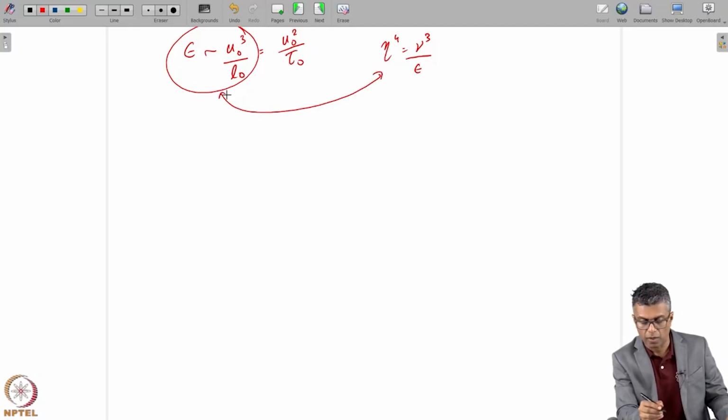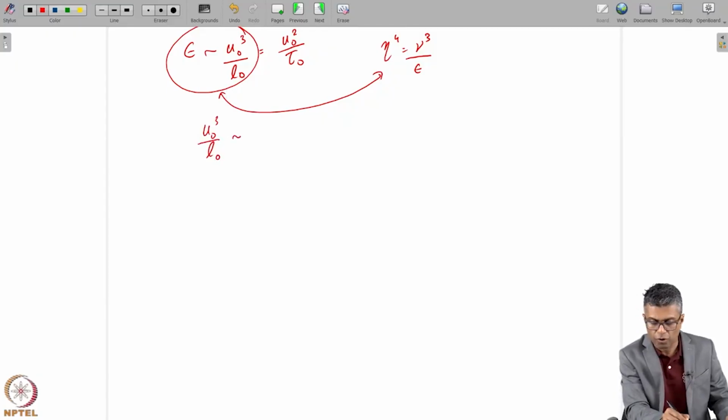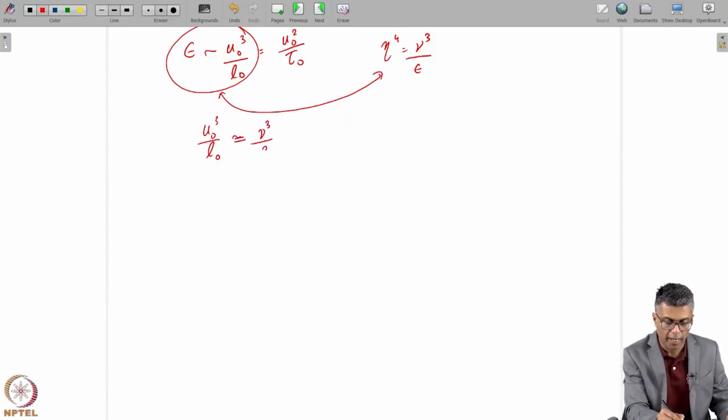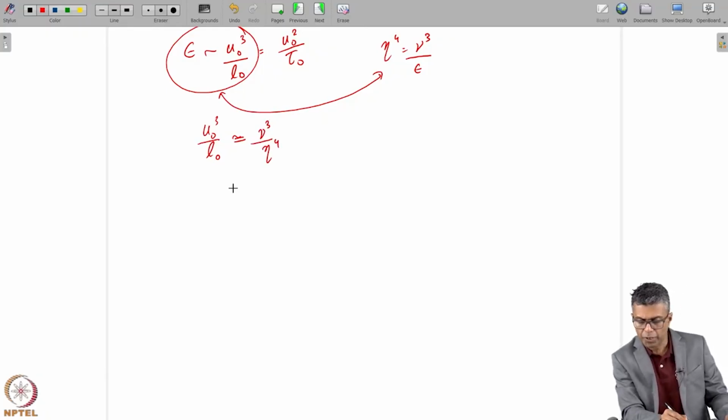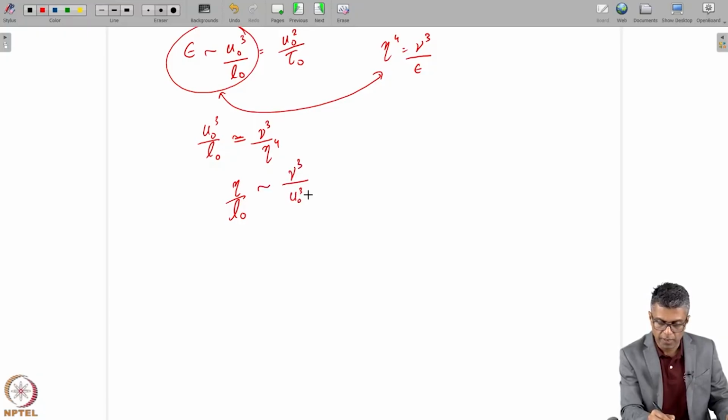I eliminate epsilon. Then what do I have? U0 cube over L0 is of the order of, or I would say it is equal to nu cube over eta to the 4, which means eta over L0 is of the order of nu cube over U0 cube, isn't it?